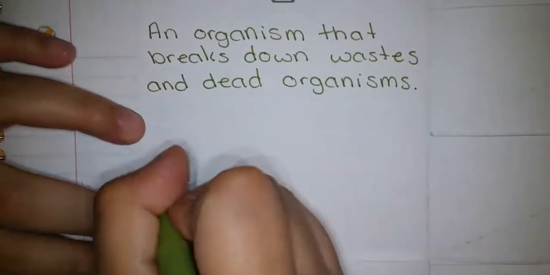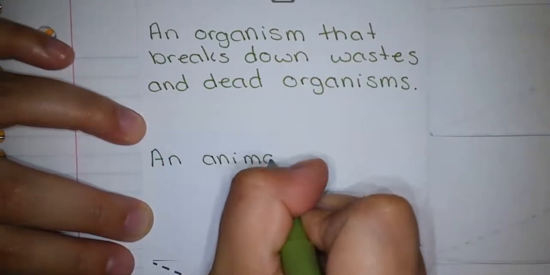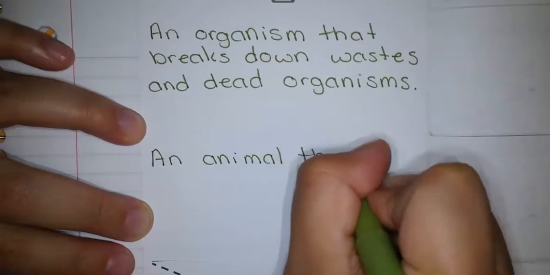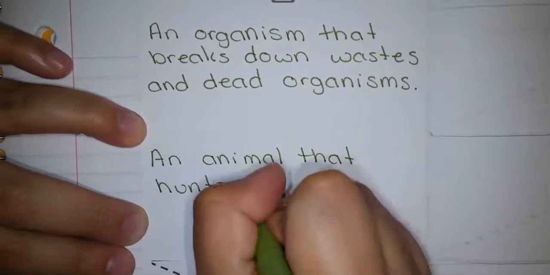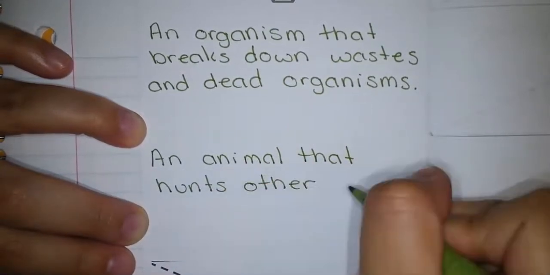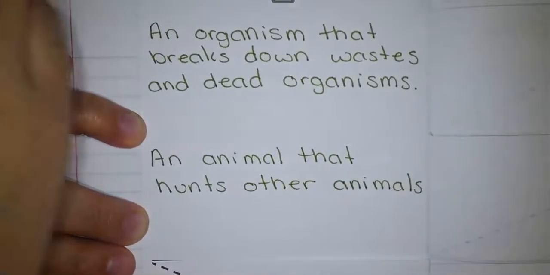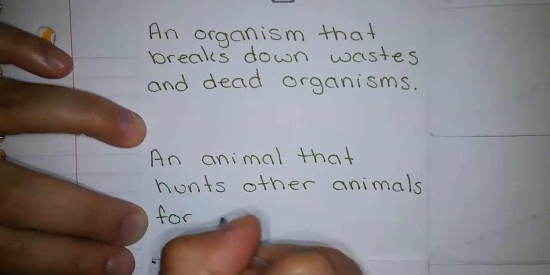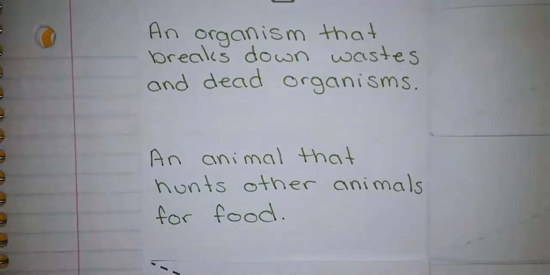And that is an animal that hunts other animals for food. And as an example, we can have a tiger, a lion, a cheetah. You can put in as many examples as you want.